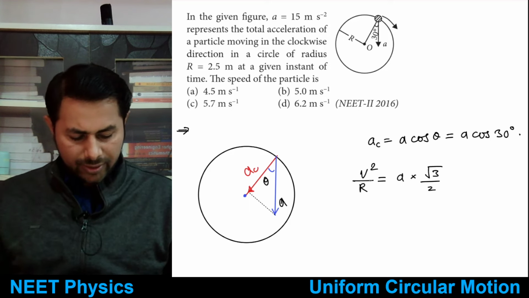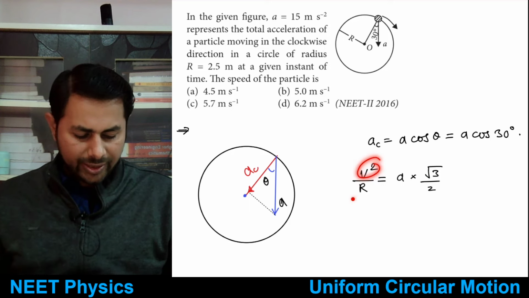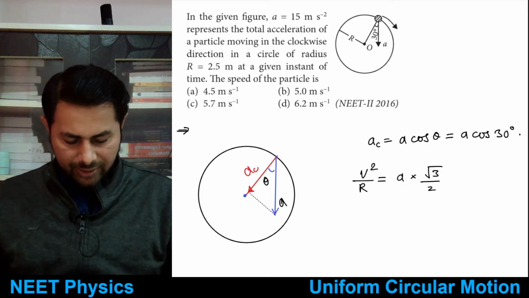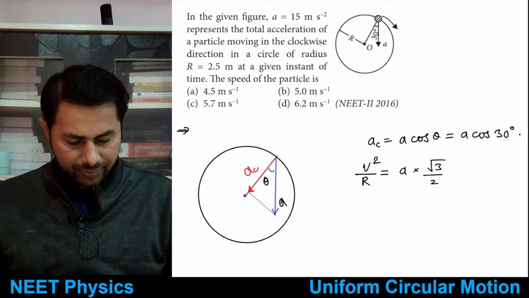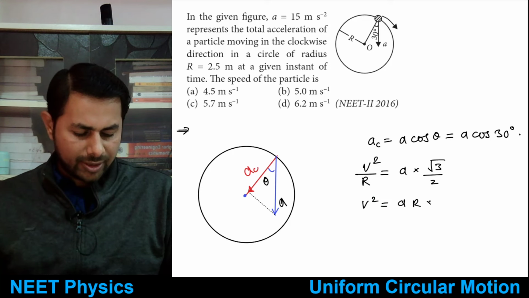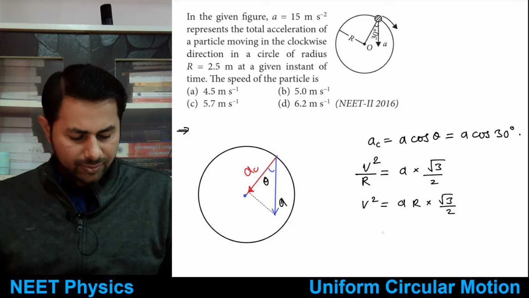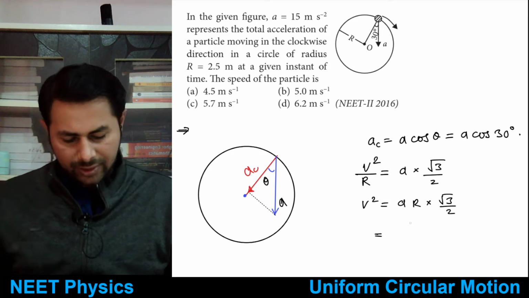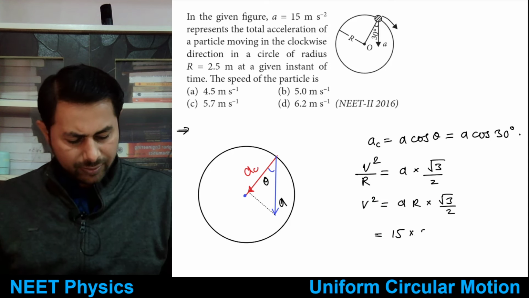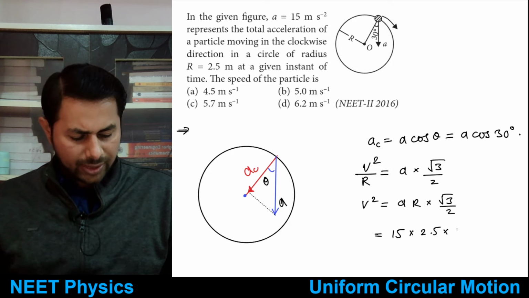Then you want V, so move R to the other side. So, V square is just equal to A times R multiplied by root 3 by 2, and A is 15, R is 2.5, times root 3 by 2.